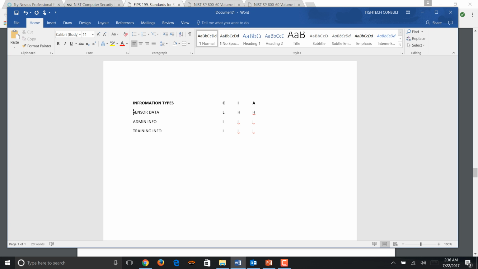So that is the meaning of what we have just done here in categorizing, assigning potential impact value. So what is the next thing we need to do, which is the third step? The third step is to review if there is any need for adjustments. Now we have reviewed it, there is no need to adjust it. So we determine our high water mark.